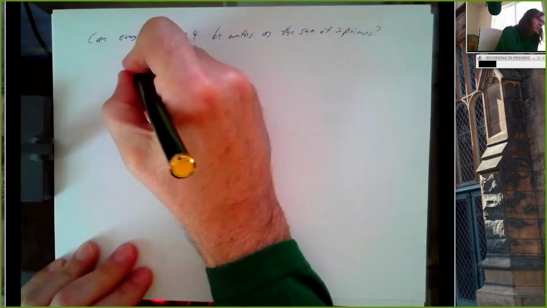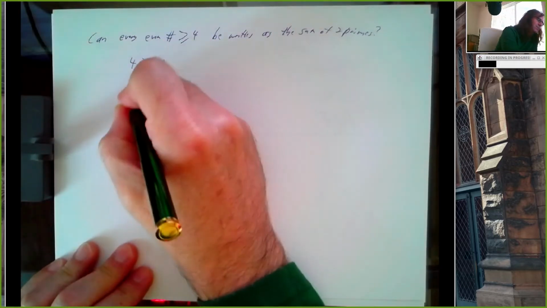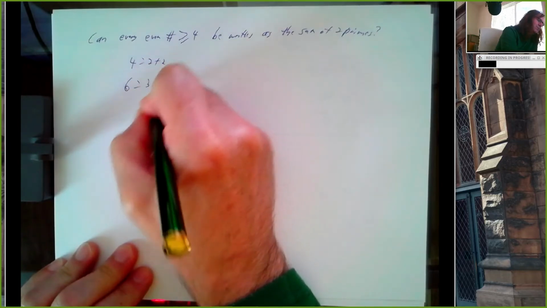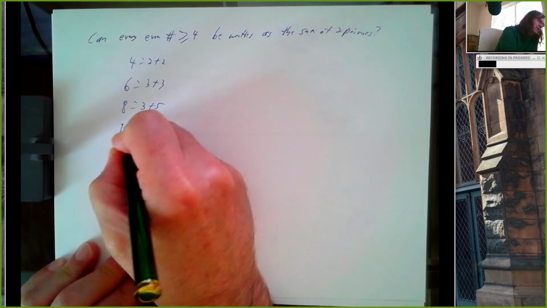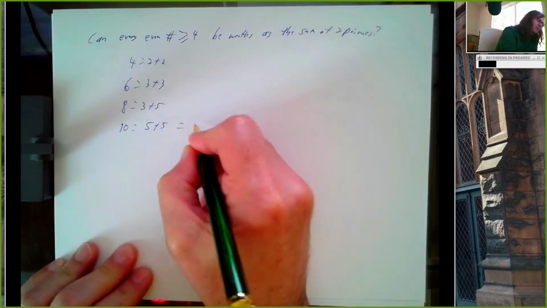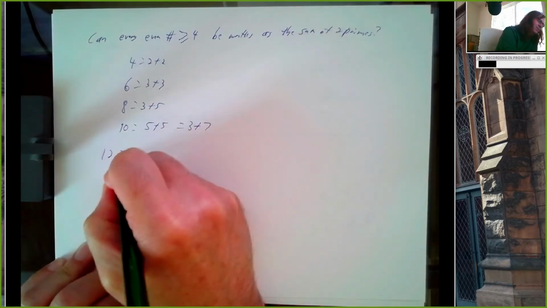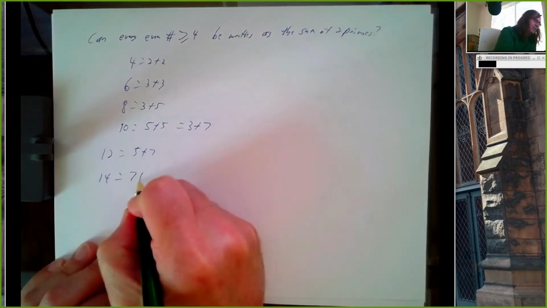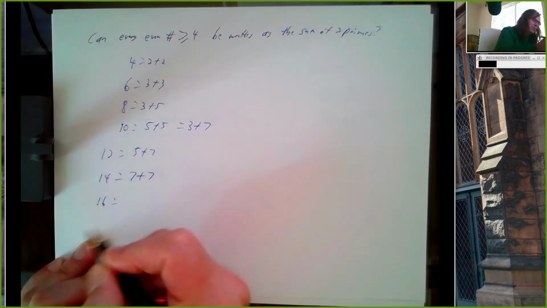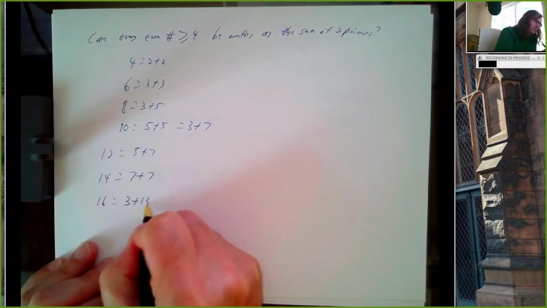So for example, 4 equals 2 plus 2, 6 equals 3 plus 3, 8 equals 3 plus 5, 10 equals 5 plus 5, it also equals 3 plus 7, 12 equals 5 plus 7. And as far as you can go, you seem to be able to do this.